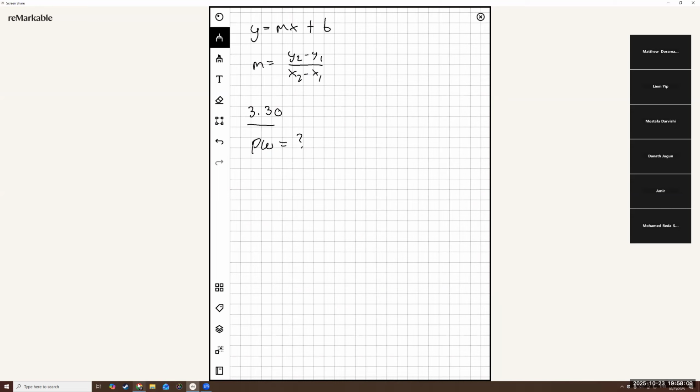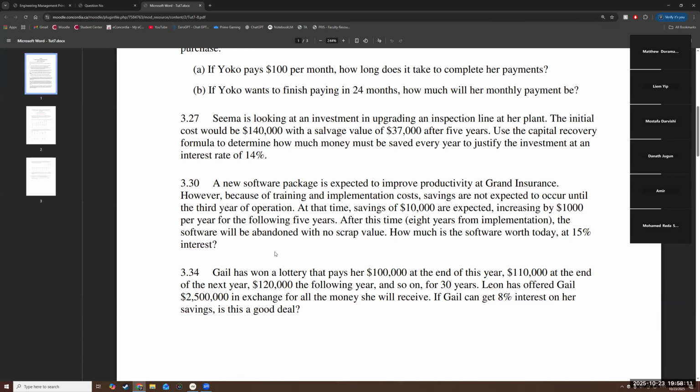Okay, let's understand what exactly we're dealing with here. Basically, it is telling us that once we pay the price, we only start saving money by the third year of operation.